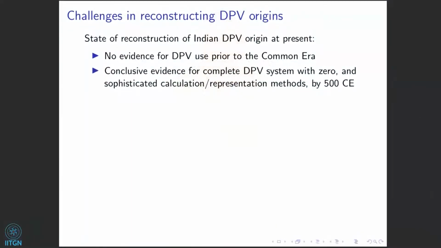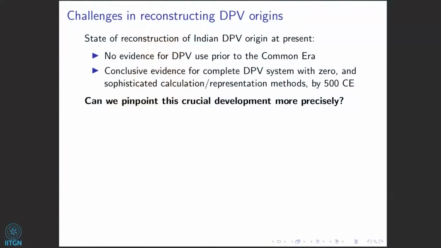And by 500 CE, we've got not only evidence for the use of such a system, but for its very sophisticated establishment. What appears in the work of Aryabhatta and his slightly later contemporaries and successors is a very mature and sophisticated system with the use of zero, both arithmetically and notationally, and sophisticated representation and calculation methods. All right, so that gives us 500 years as historians to try to narrow down what went on in this period.